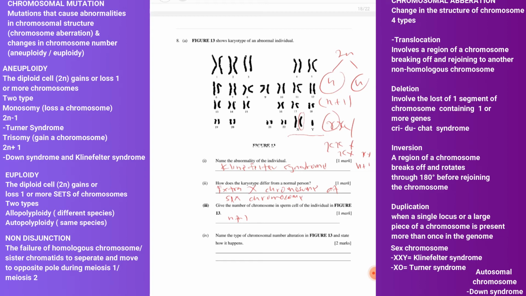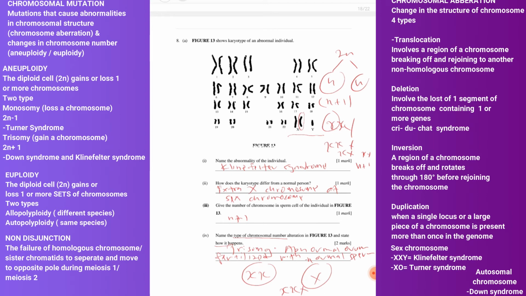Name the type of chromosomal number alteration in figure 13 and state how it happened. The type of aneuploidy, either trisomy or monosomy, and this one is trisomy. It happens when an abnormal ovum is fertilized with a normal sperm. Abnormal ovum XX fertilized with normal sperm Y gives XXY.